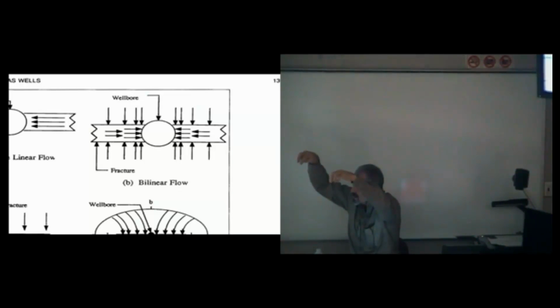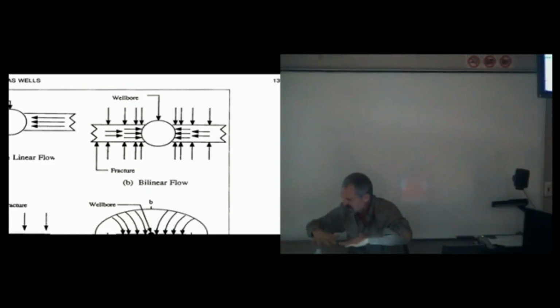And then as I flow in from the fracture into the wellbore, that leaves a lower pressure there, and so it starts drawing in gas. I'm using my fingers in the way that the figure is up here on the board, but actually it's like this in the ground.